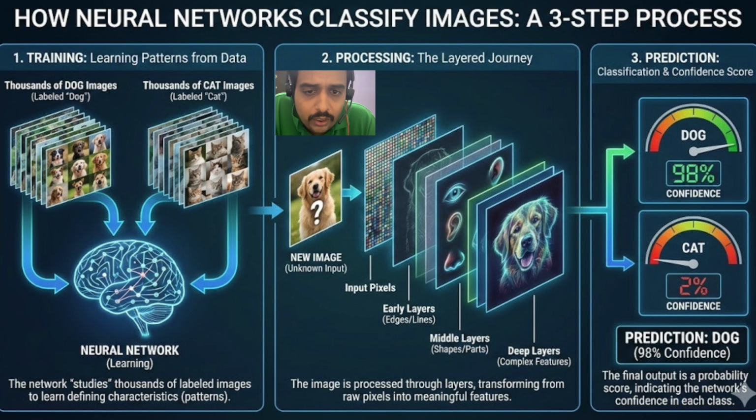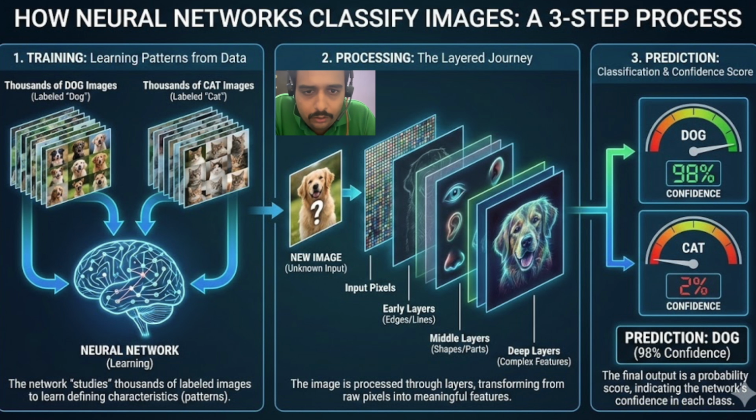These neural networks learn patterns from thousands of similar images. And now if we put in a new image, it gets processed through these layers, and it produces a prediction, which is, it classifies the image based on some known classes.